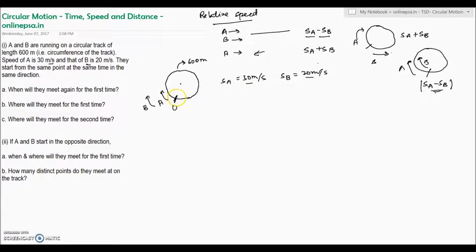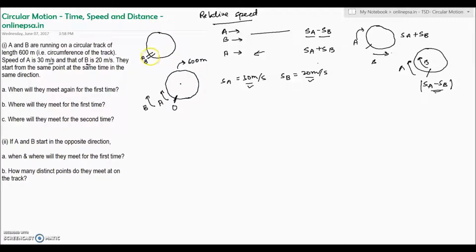Now when they start running, you know that speed of A is more than B. So just after a fraction of a second, you can see that A will be slightly ahead of B. If you can freeze that moment, for example, A is here and B is here.